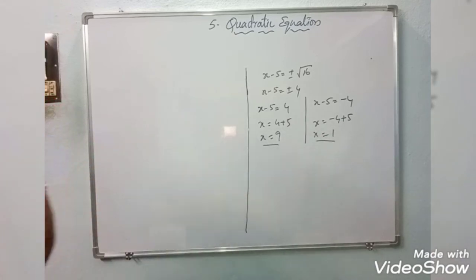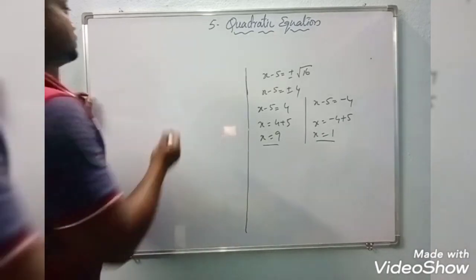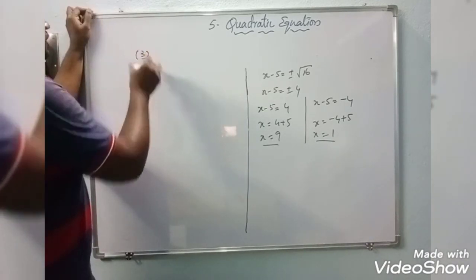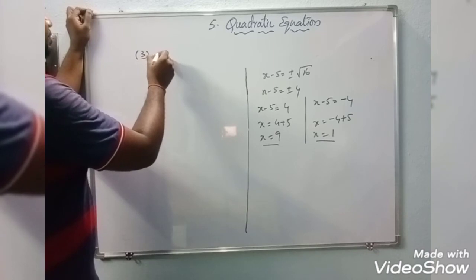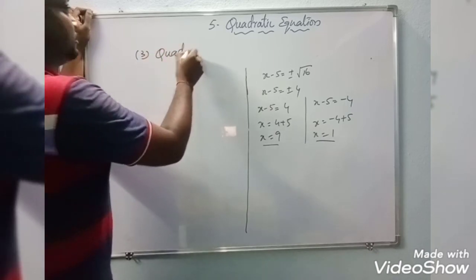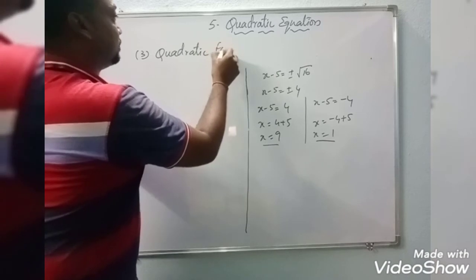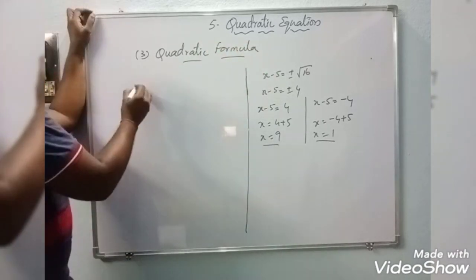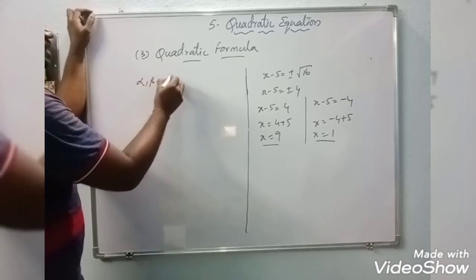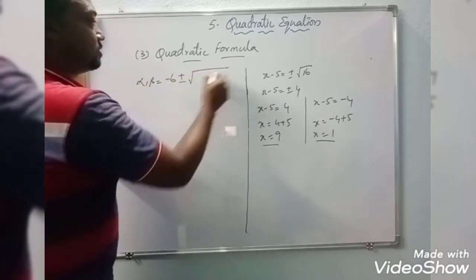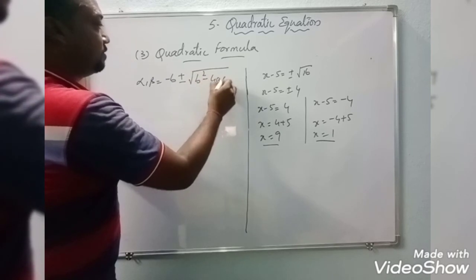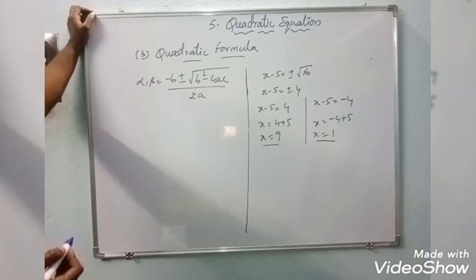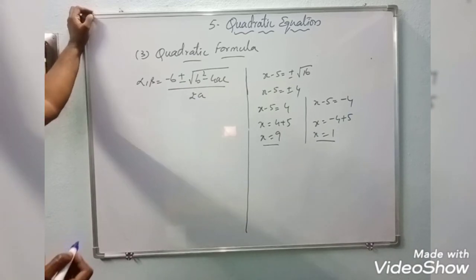So if I write this third method, the quadratic formula, your quadratic formula is alpha beta is equal to minus b plus or minus square root of b square minus 4ac by 2a. And this is your formula to find the roots of the quadratic equation.